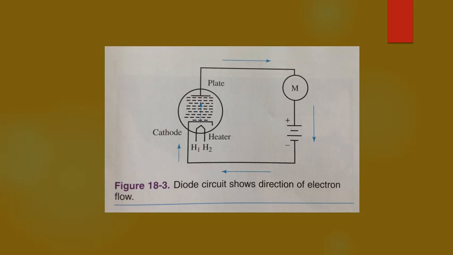If the diode plate is joined to the positive terminal of the battery in the circuit, electrons will flow in the circuit from cathode to plate. If the connections are reversed, no electrons will flow. This electron tube acts as a one-way valve. It permits electrons to flow in one direction only. This is just like the semiconductor diode discussed in chapter 17.